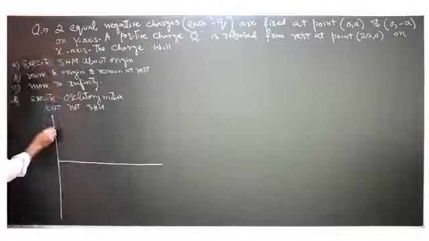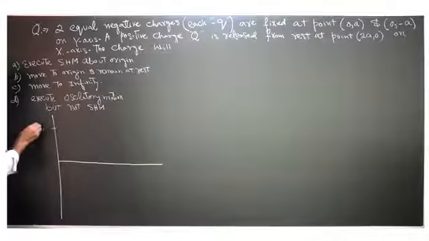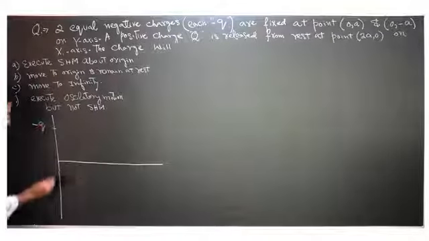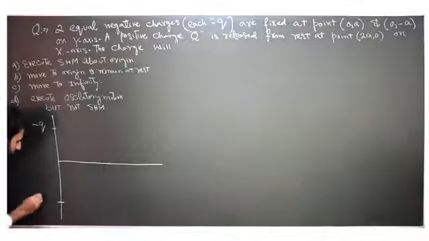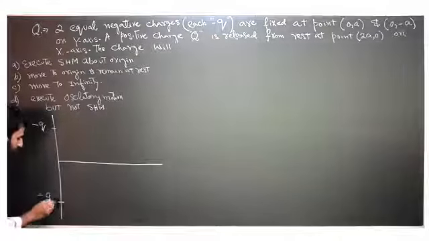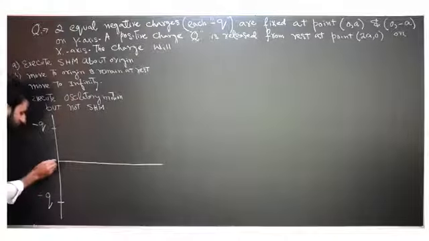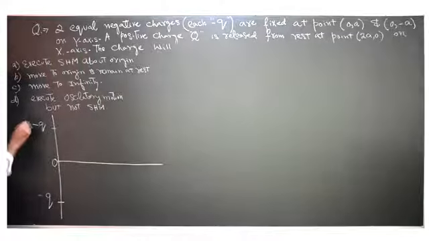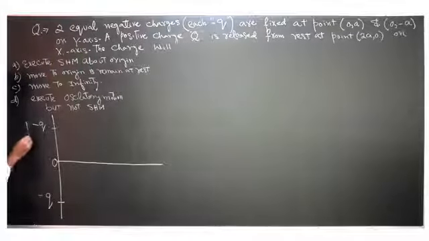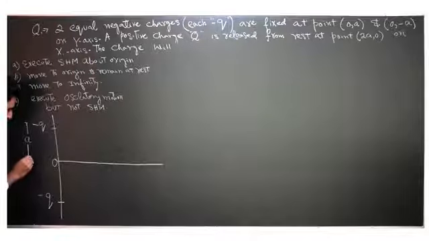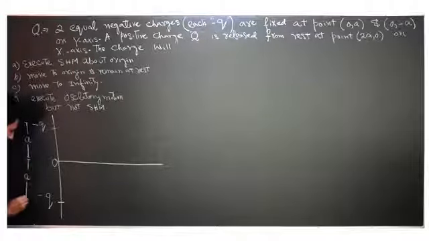We have one charge here having magnitude minus q and another charge here which is also minus q. Let's call this the origin O. The distance from the origin up to this charge is a, and this distance is also a.